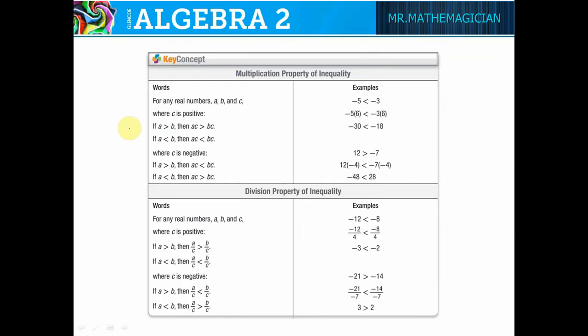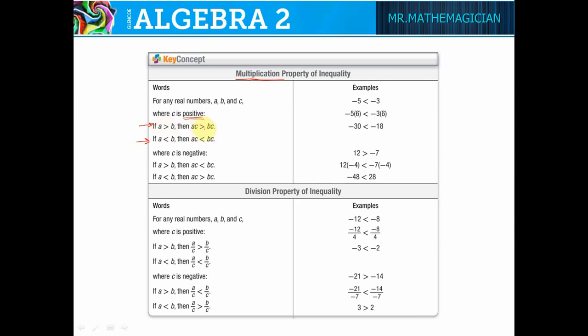Now, properties of multiplication and division. In multiplication, if a is greater than b or a is smaller than b, and we multiply by a positive number, it's allowed. Multiply both sides by a positive number and the sign doesn't change.